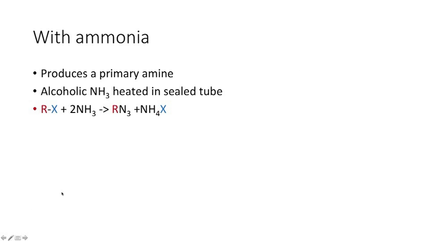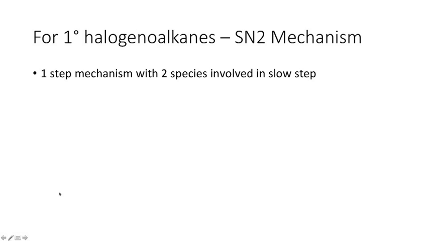So unlike our tertiary halogenoalkanes, primary halogenoalkanes undergo an SN2 mechanism. So this is a one-step mechanism with two species involved in the slow step.